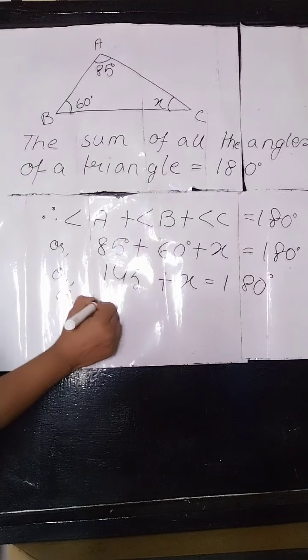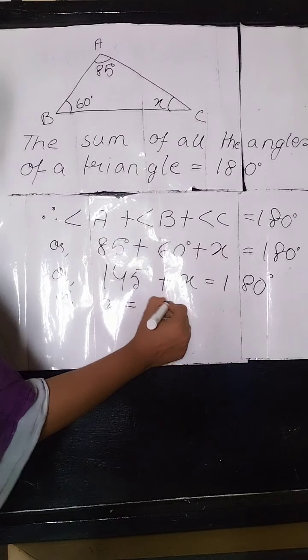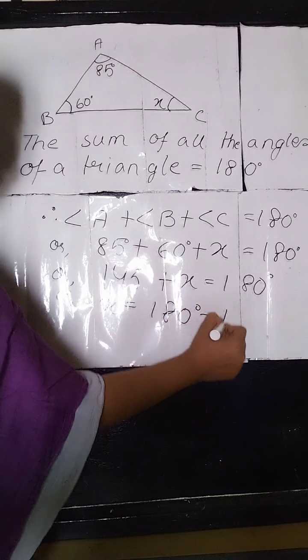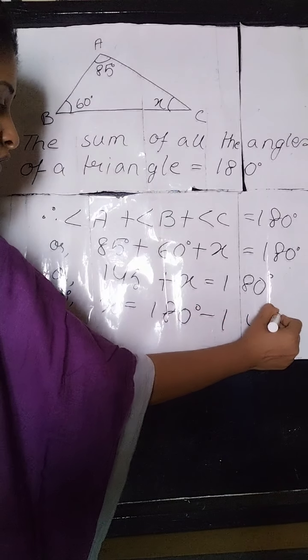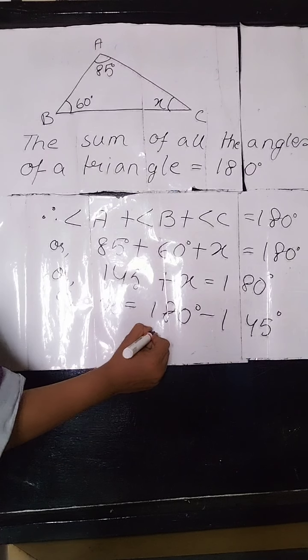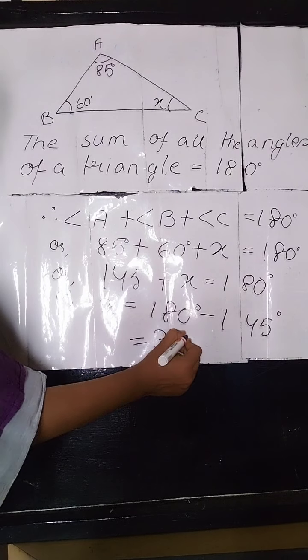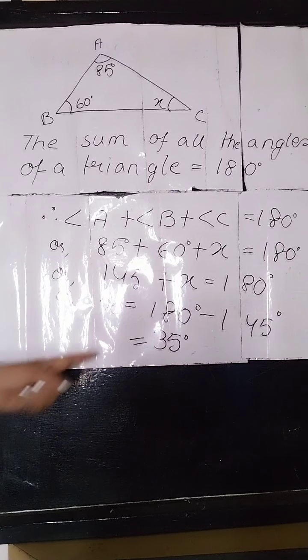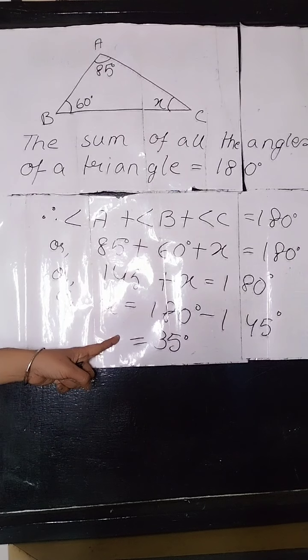Therefore, X is equal to 180 degree minus 145 degree, which gives you 35 degree. So the value of X, that is the value of the missing angle, is 35 degree.